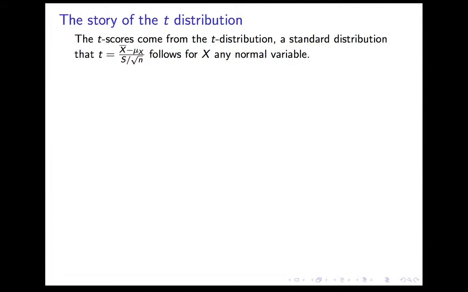It's a standard distribution, just like the normal distribution is defined by some complicated formula with exponentials and square root of pi in it. T is defined by a complicated formula with all kinds of cool math in it, which sadly we will not discuss. But its definition is it's the distribution of the quantity x bar minus mu sub x over s over the square root of n, for any normal variable x and all possible random samples of size n.